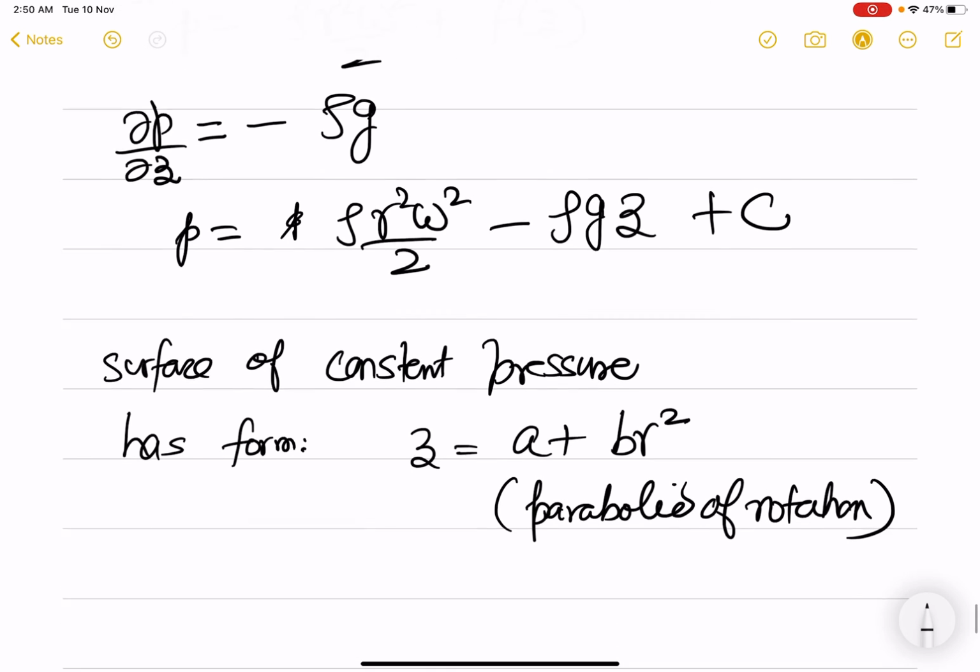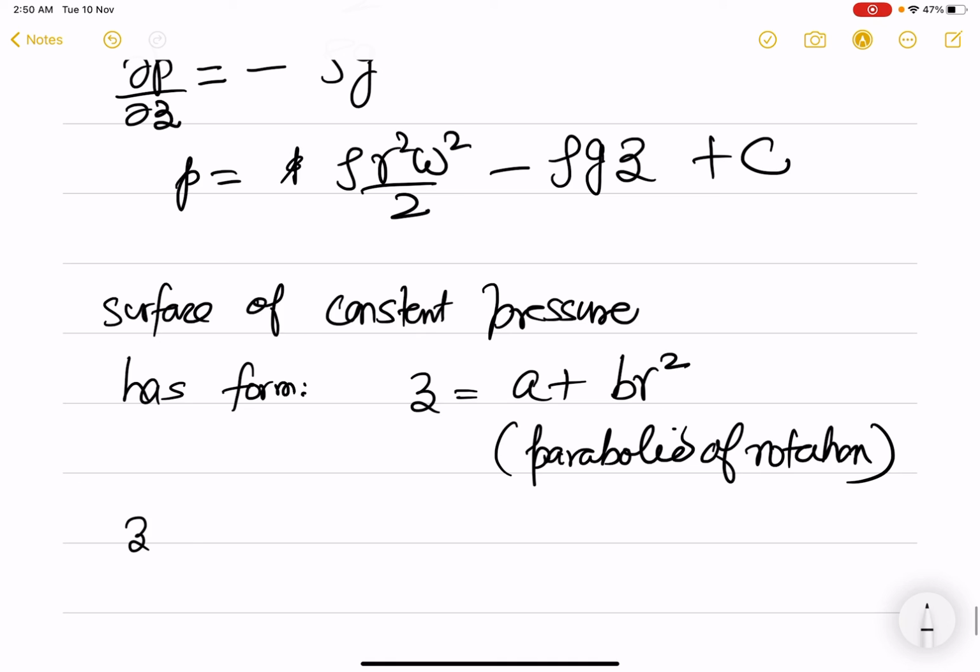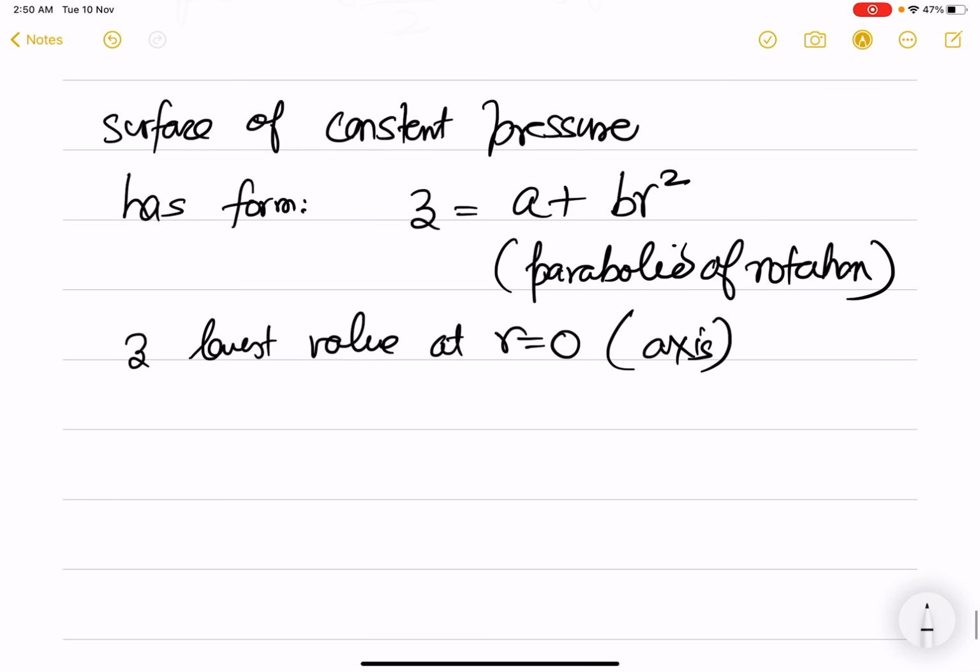Now from this equation we can see z has the lowest value at r is equal to 0, that means on the axis of rotation.